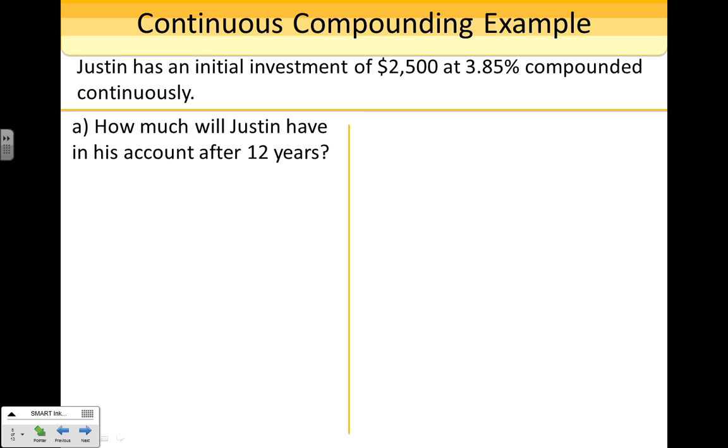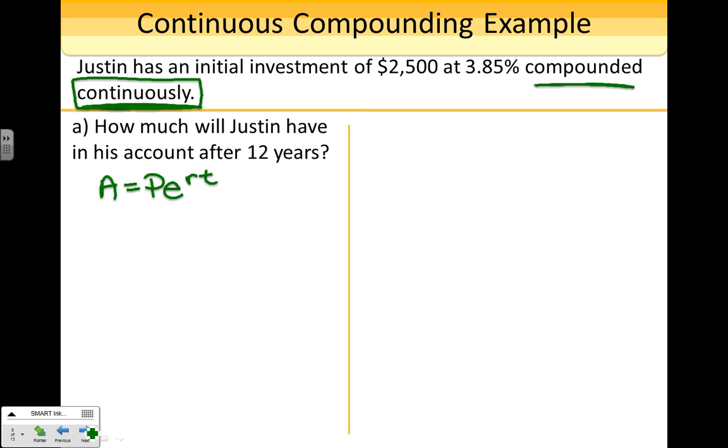So since we are compounding continuously, that is our clue that we're going to use the PERT equation. So anytime it says continuously, then we're using A equals P times E to the RT. Any other time when there's a set number of times that you compound your interest, then you use the other formula. Okay, so here the continuous compounding is A PERT.